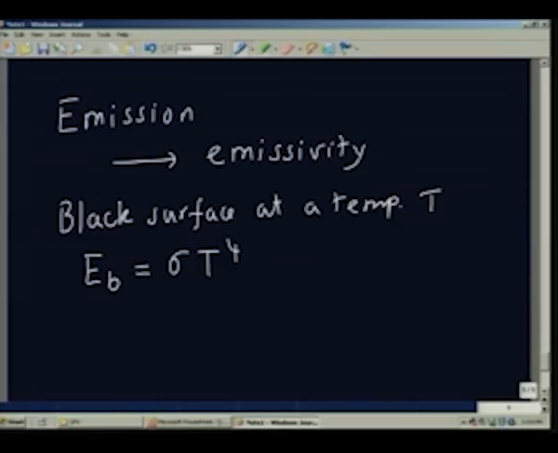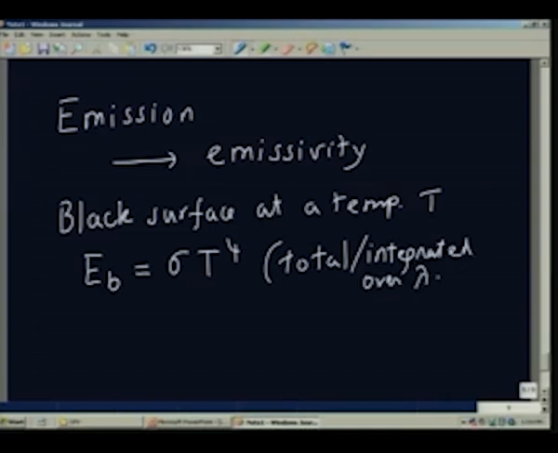So, emissivity can be defined, this is the total, or it is also called integrated, that means integrated over lambda from 0 to infinity, from the lowest possible to the highest possible wavelength. Of course, in practice the 0 to infinity may mean something like from 0.1 to 100 micrometers.